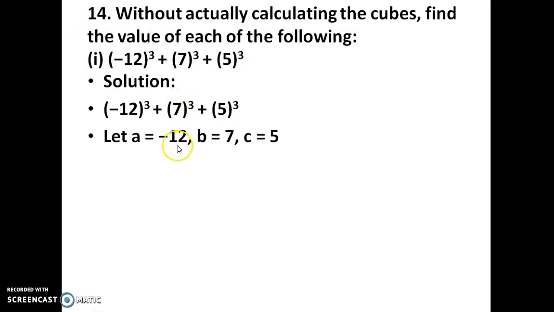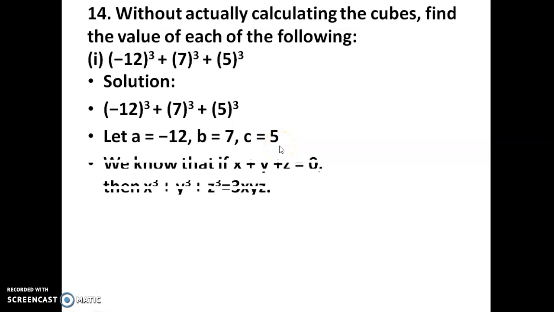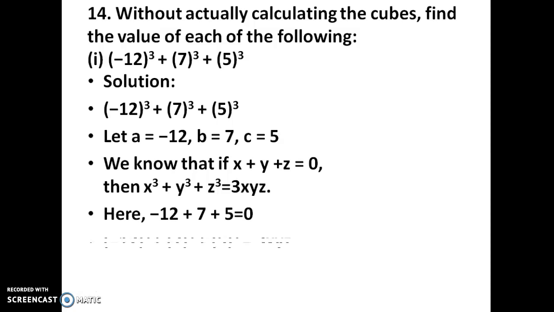Here a is minus 12, b is 7, c is 5. If you add all these three together, minus 12 plus 7 plus 5, we will get 0.